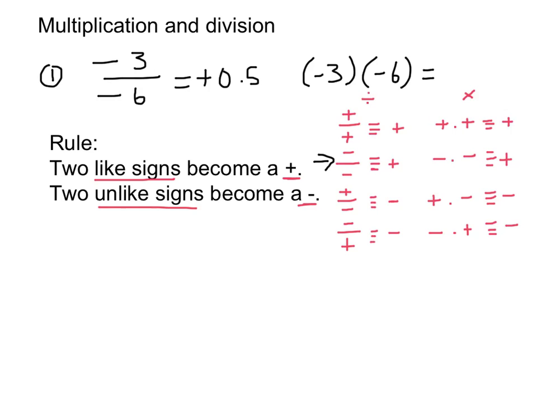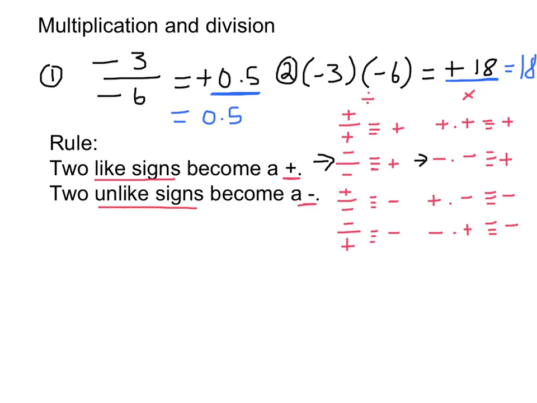For the next one, if I have minus 3 multiplied by minus 6, again I go to my rule. If I have two like signs, they become a positive. So it's again a positive, and 3 times 6 is 18. So my answers are a positive 0.5, or you can just write it down as 0.5, you don't need to put the plus sign there, and a positive 18, which you can also just write as 18.